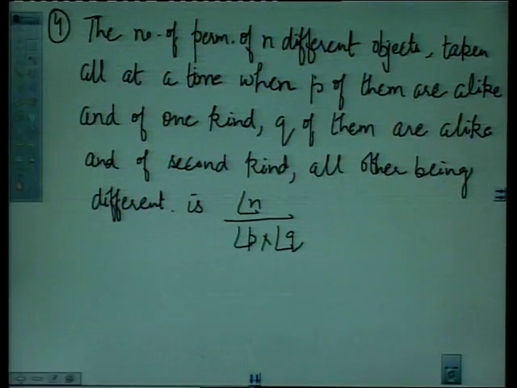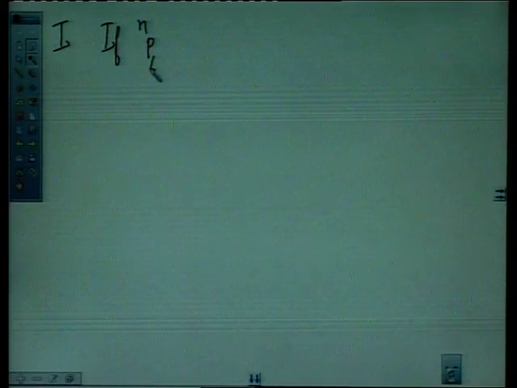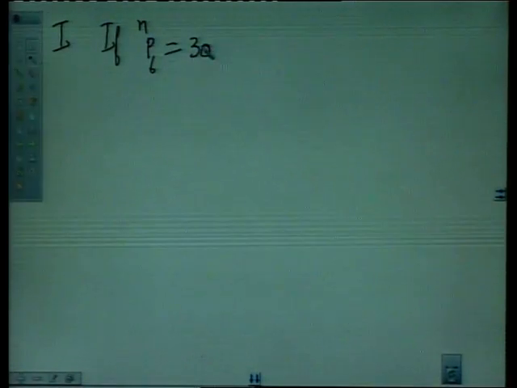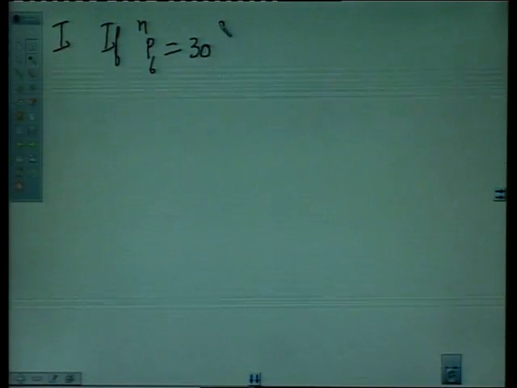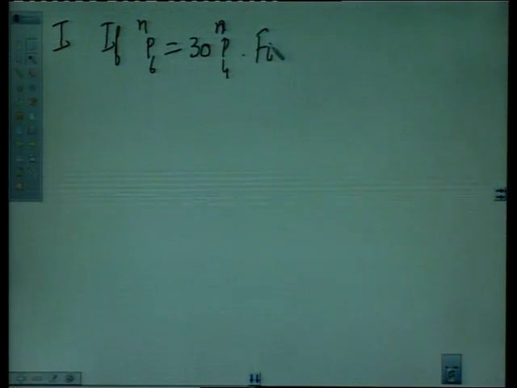Now, let us do the first question of permutations: if nP6 is equal to 30 times nP4, then find n.